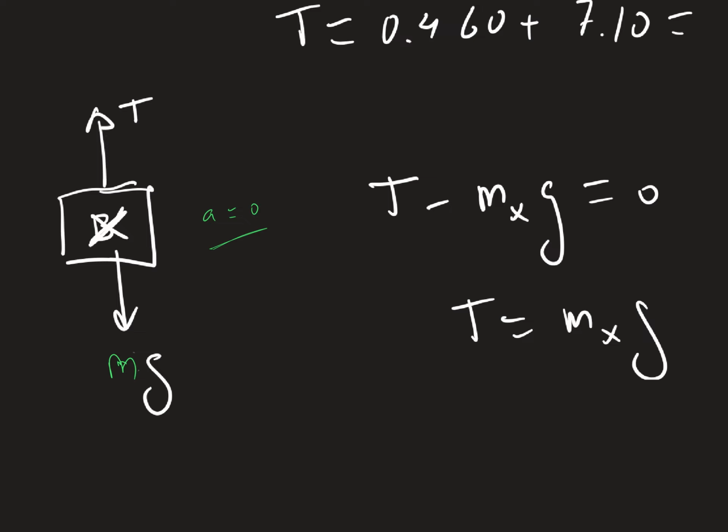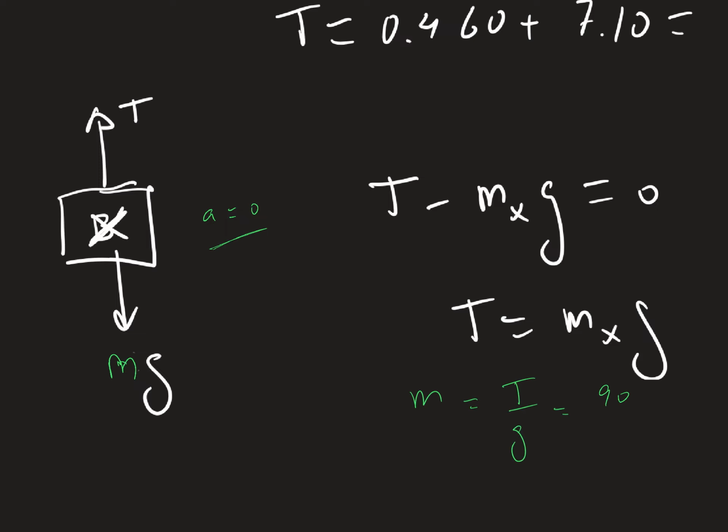So in this problem, we ask about the mass, so the tension going up minus the unknown m times g, the weight going downwards, will be 0. So the tension will be m times g. So the unknown m is the tension divided by g.